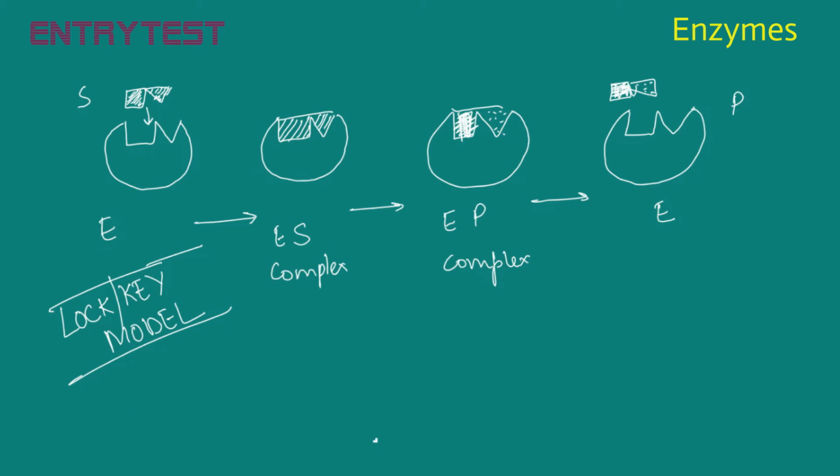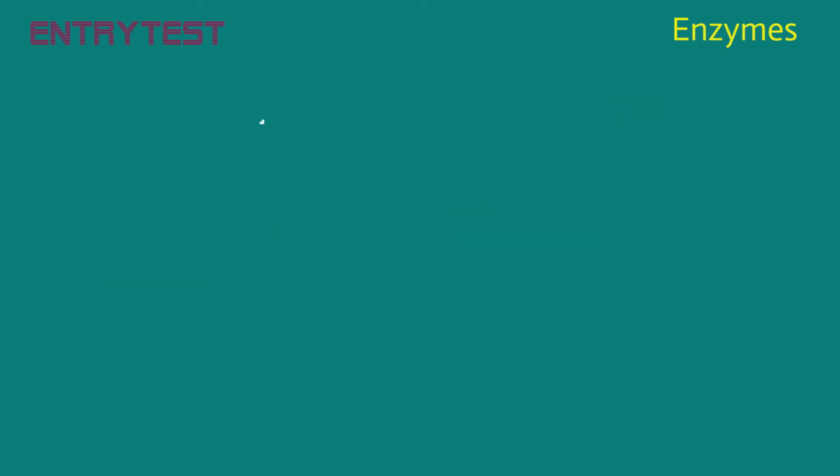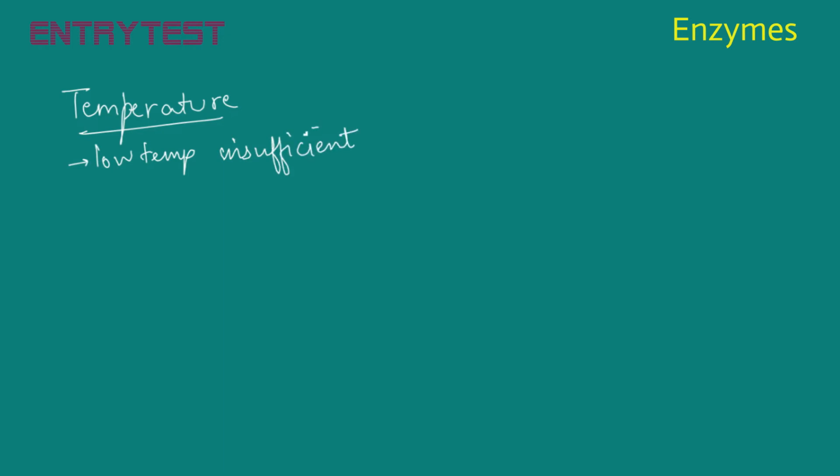Now, lots of factors affect enzyme activity, and we're going to go through them. The first important factor that affects the activity of enzymes is temperature. Low temperatures result in insufficient thermal energy for activation.